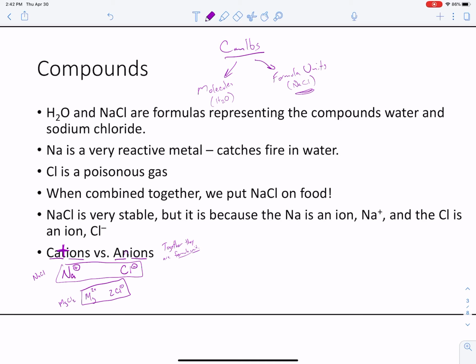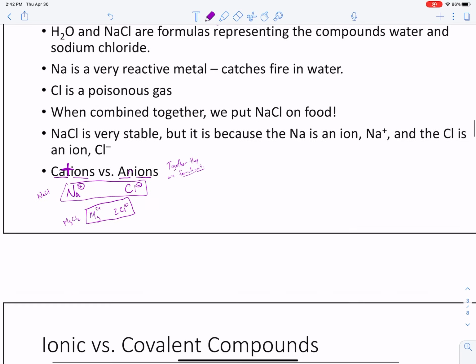Magnesium has to lose 2 electrons to look like the nearest noble gas, because it's kind of ridiculous to think of it gaining 6 electrons, right? Chlorine still needs to gain an electron to look like a noble gas, but because chlorine can only gain 1 electron, you need 2 chlorines that each gain 1 electron from that magnesium to become magnesium chloride.